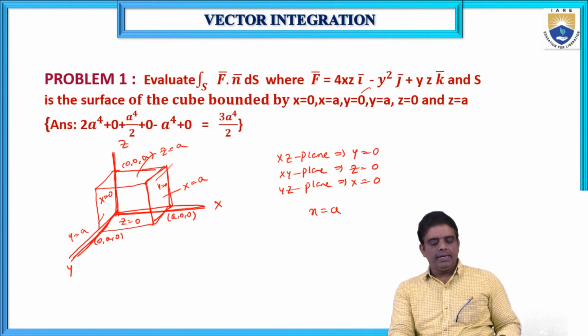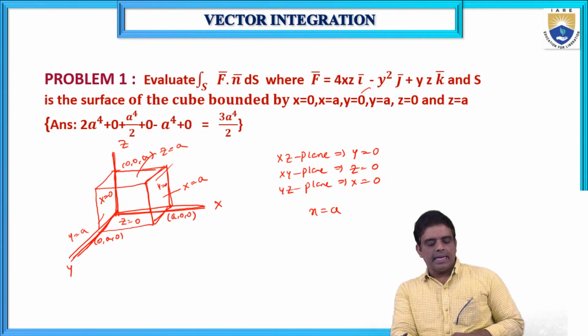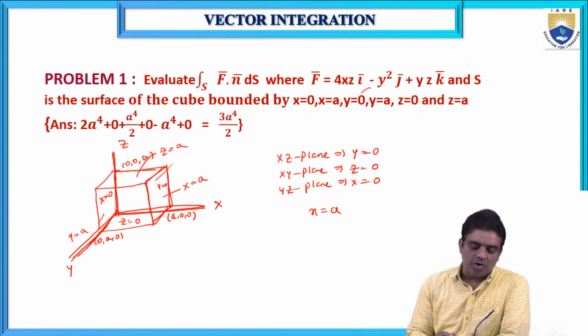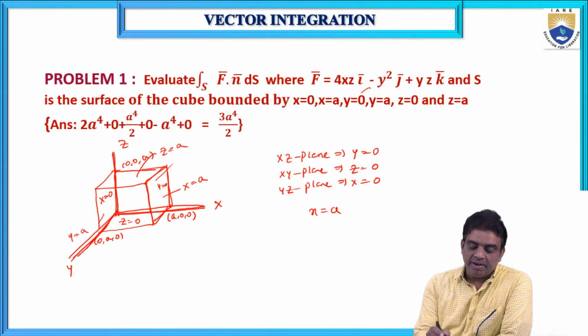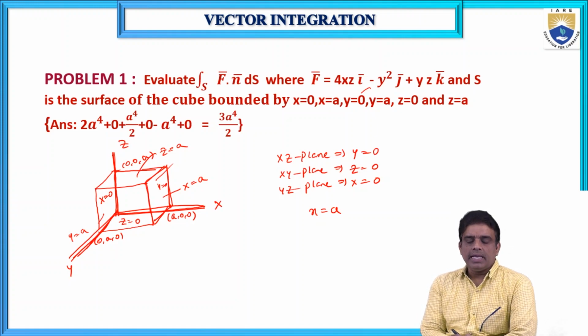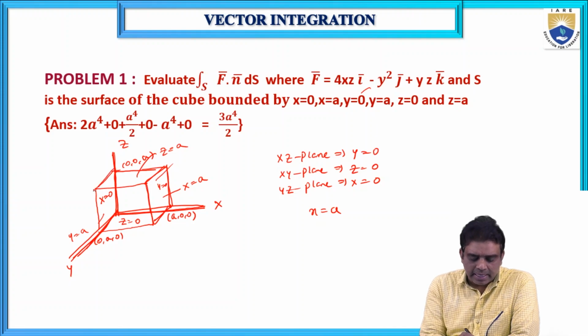And we have to find the surface integral, that is integral F bar dot n bar into dS, where F bar is given and the surface is given. So clearly this cube has 6 sides. This is one side and this is the other, parallel side. This is the third one, the parallel one is the fourth, and the back side is the fifth and the front side the sixth.